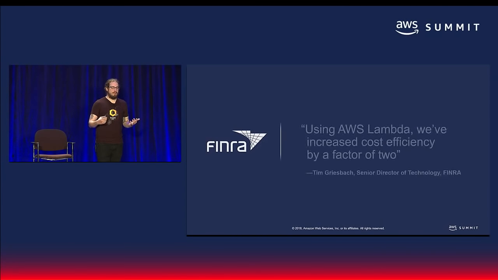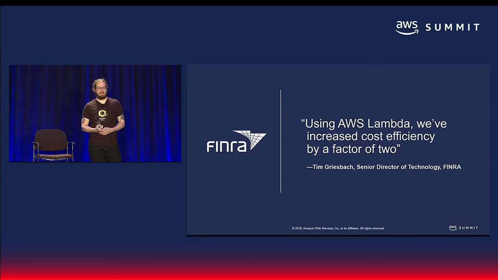So let's look at one of the customers that's been successful using AWS Lambda, which is FINRA. They're the Financial Industry Regulatory Authority. And they process a daily influx of 37 billion records having to do with financial trades. And they check for things that don't follow the established regulations for the financial industry.